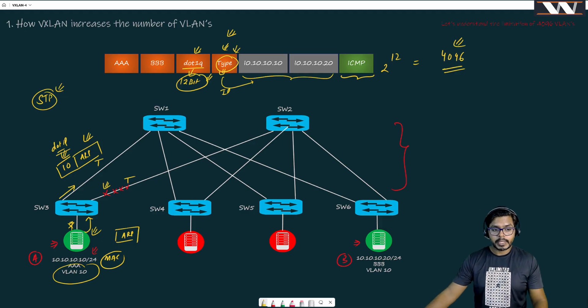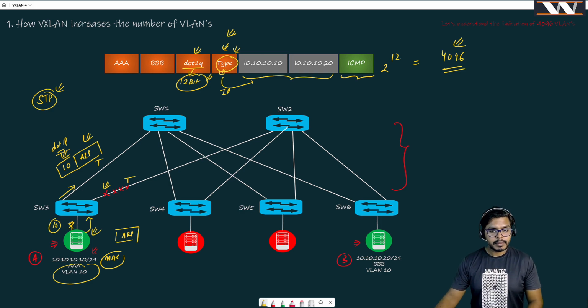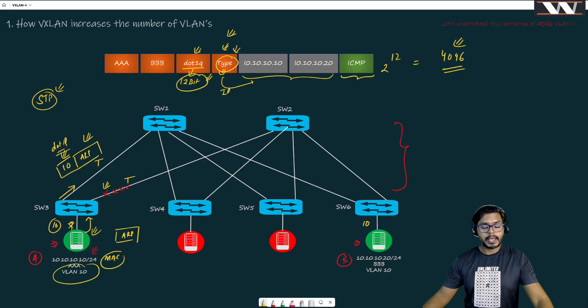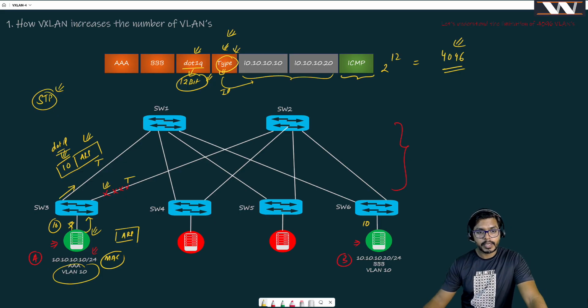Because if we have a VLAN 10 here, and a VLAN 10 here, then this VLAN is extended across multiple switches, and the traffic for this VLAN will be flowing over this trunk. The ARP will reach switch 1, then switch 1 will forward it everywhere except on the port from where it was received.